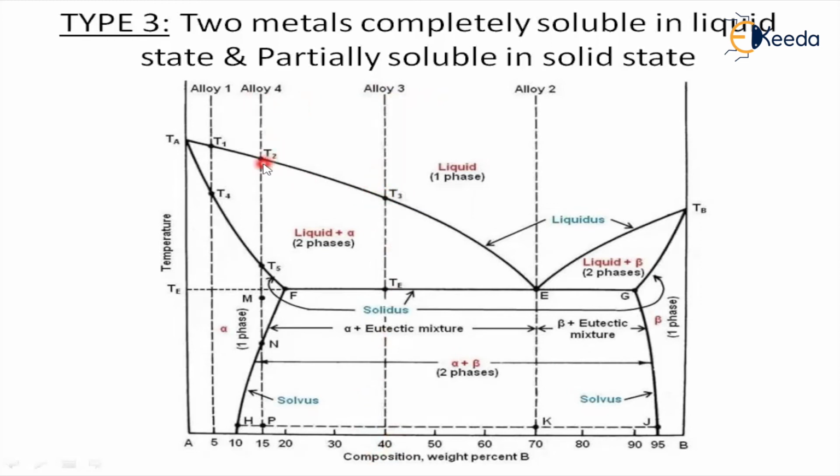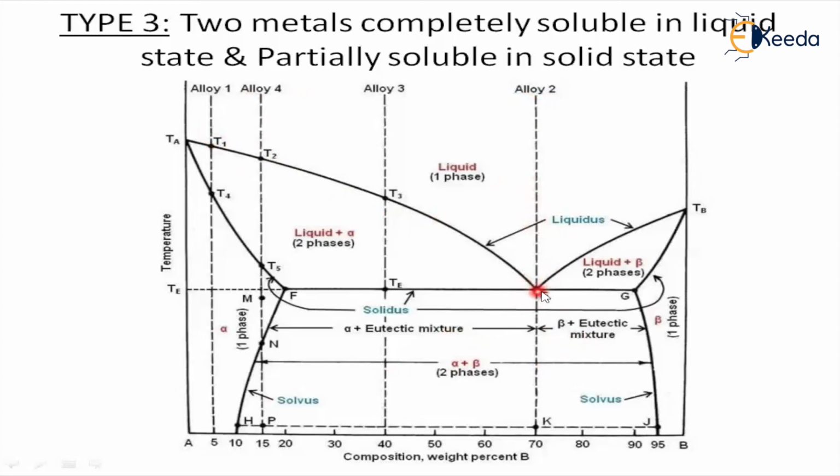For alloy 4, T2 is the starting temperature of the solidification. For alloy 1, T1 is the starting temperature. If you observe alloy 2 here, we have to wait up to this temperature for solidification, and this is represented as E. E means eutectic. If in any particular case, liquid is converted into two solids, then we can say that it is a eutectic point.